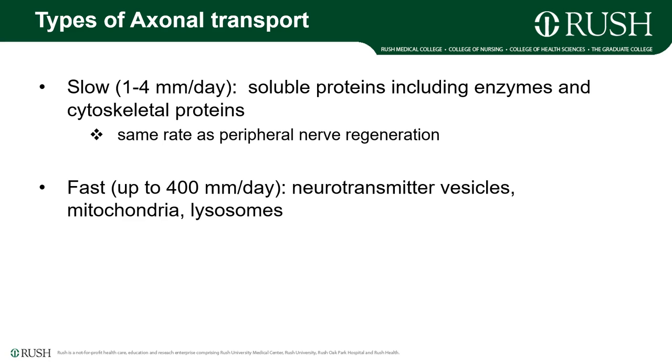This rate is very similar to the rate at which peripheral nerve can repair and regenerate, which we will cover towards the end of this lecture. The other one is fast transport, which can be as fast as 400 millimeters per day. And here, the transported materials are the neurotransmitters, as well as mitochondria and lysosomes.